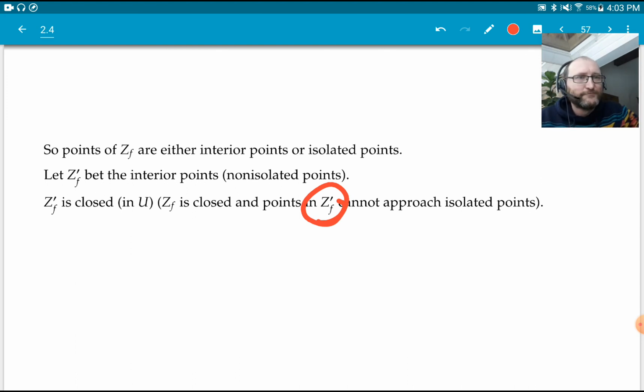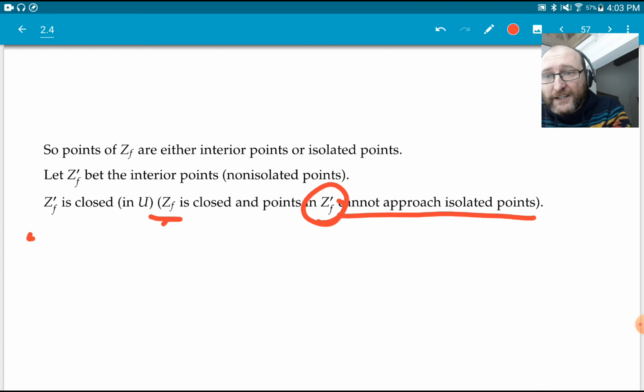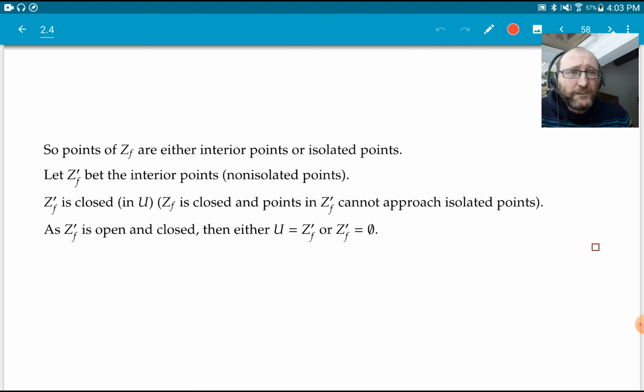You cannot approach isolated points in a set, right? This set must be closed. That's what this means. So therefore, Z_f prime must be closed. It's also open, right? I mean, it's the interior of Z_f. So it's open, it's closed.